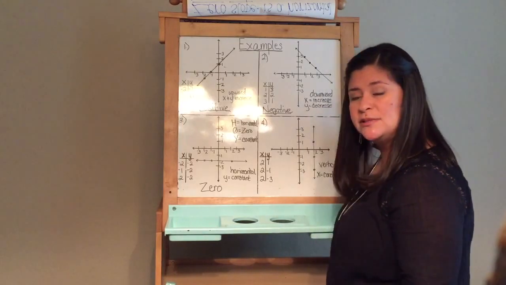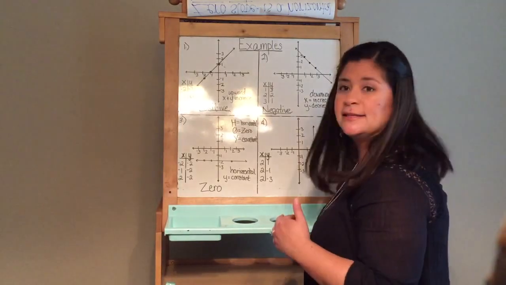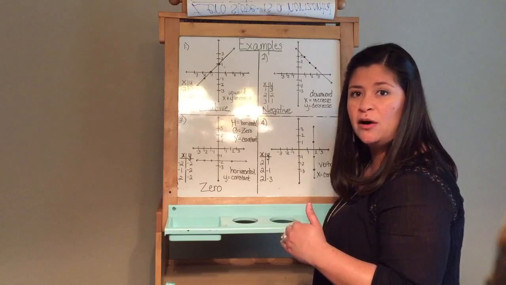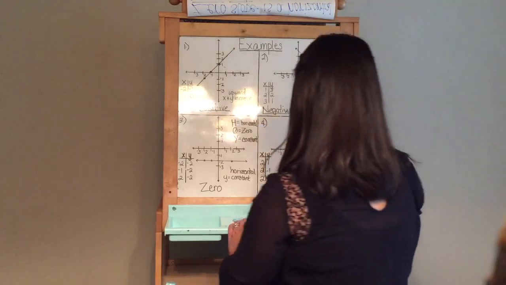And if we look at our notes, we'll see that a vertical line with the x coordinates that remain constant is what we call an undefined slope.